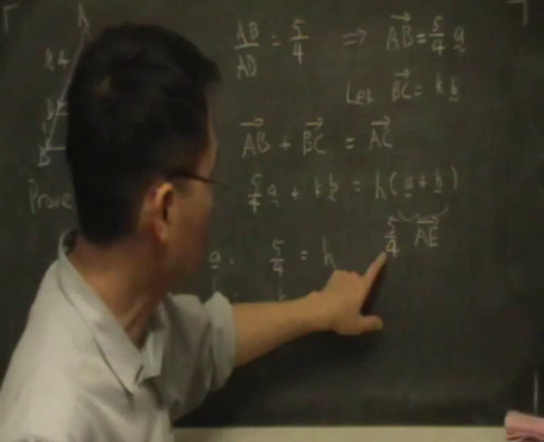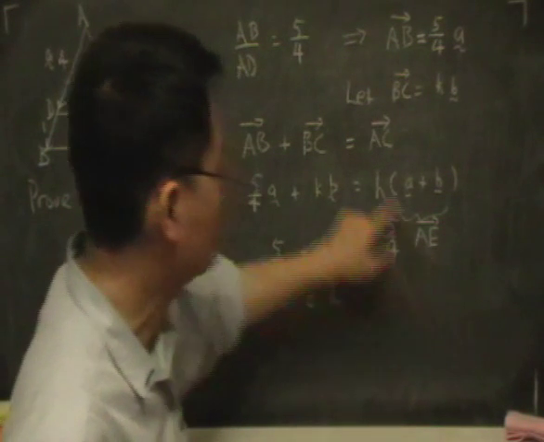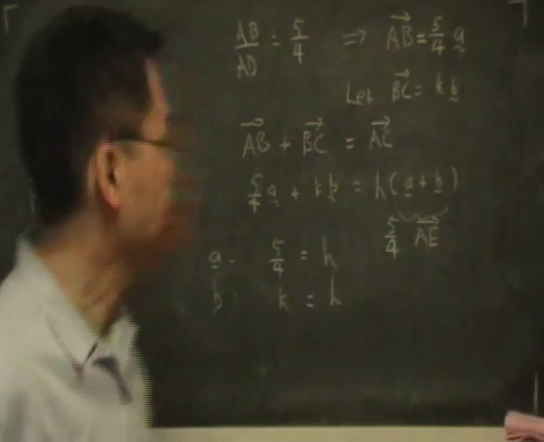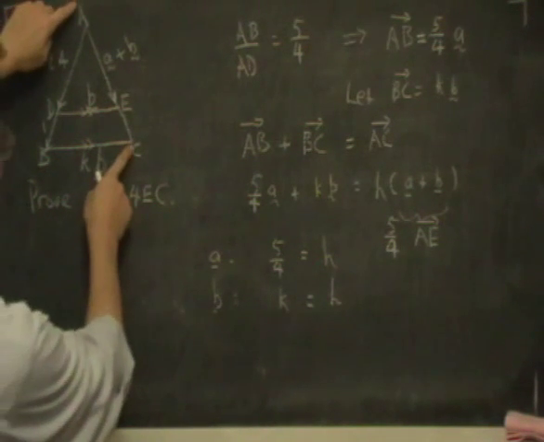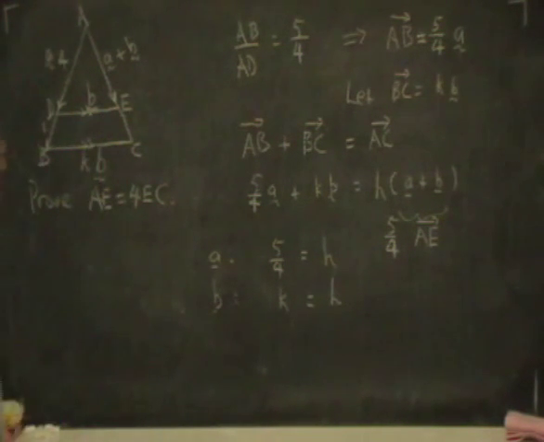So 5/4 of AE is equal to AC. That's AC, that's AE. So this gives us the ratio.